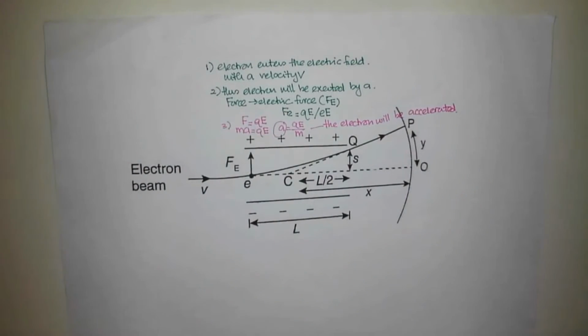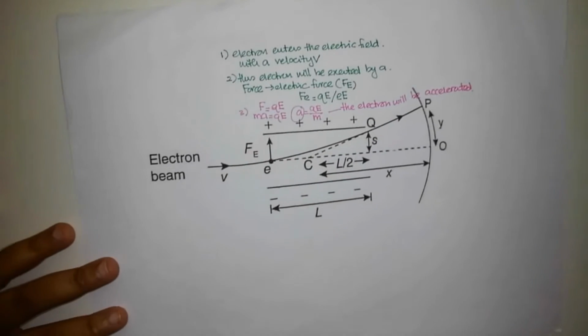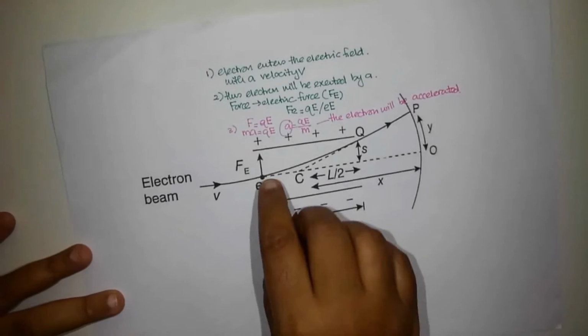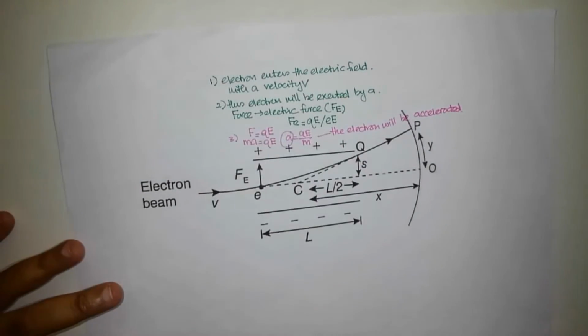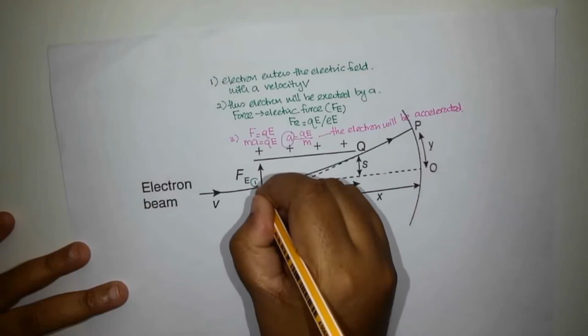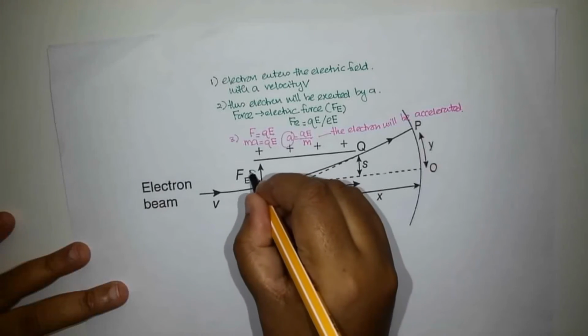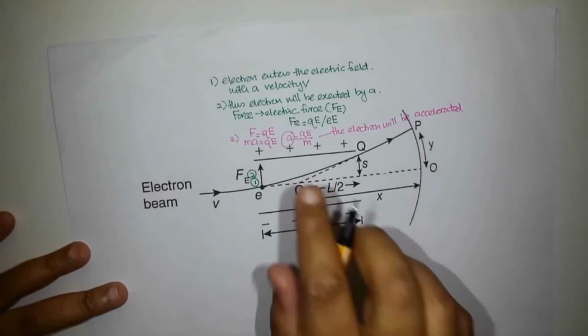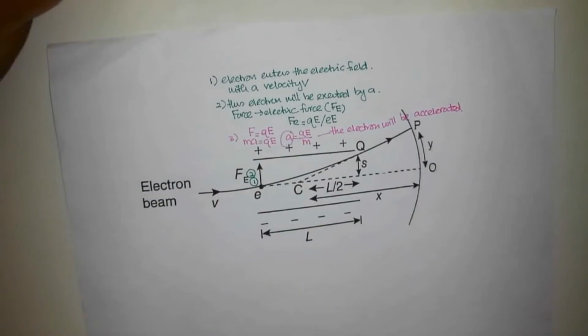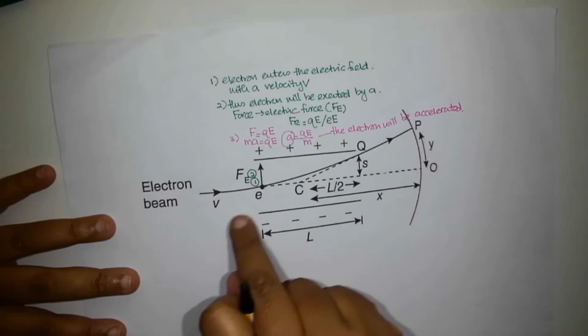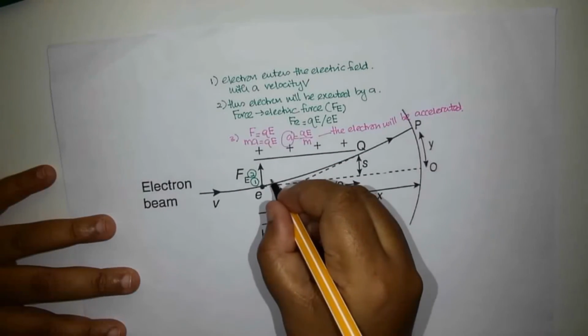That is number 2. Number 1 and number 2 are about what happens at the beginning. Number 3 is that the electron will be accelerated here.